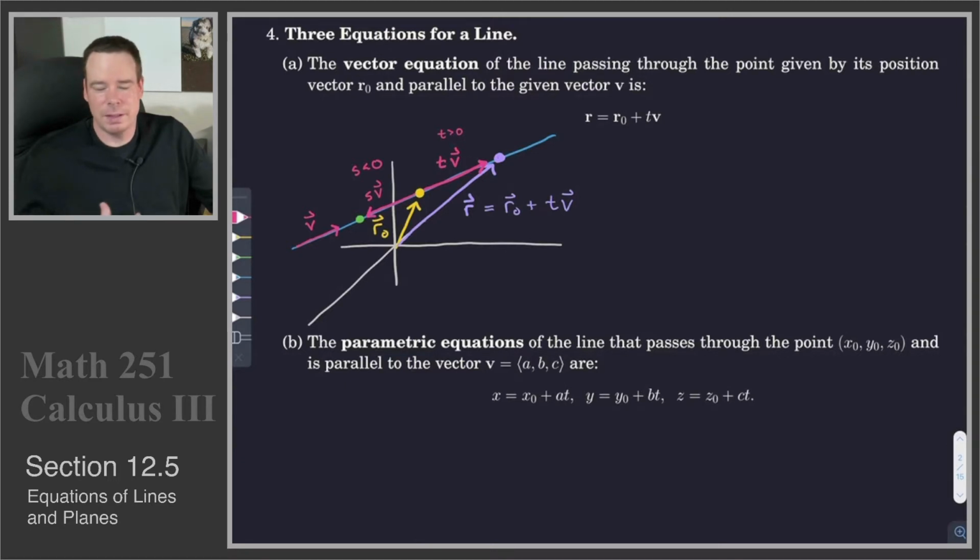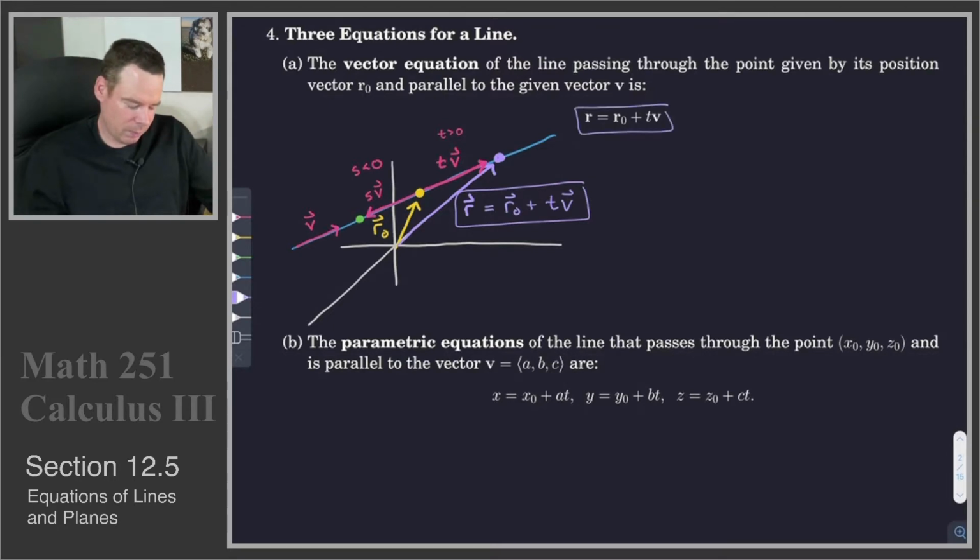So the idea is I can get to any point on this line by first going out to one point on the line and then traveling along the direction vector, some multiple of that direction vector, to get to the point I'm interested in. So this is a way of describing all points on the line for various values of our parameter t. This is known as the vector equation for the line, and that's what we have right here.